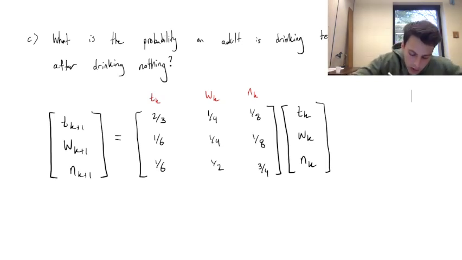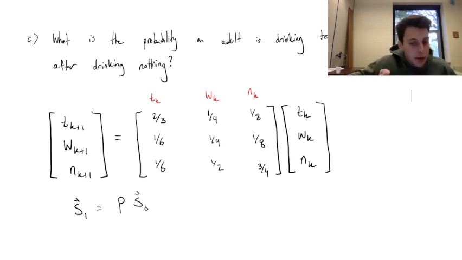But luckily, to start off, we need to know what S0 is, right? So for example, if this is state 1, when k is equal to 0, we have the probability matrix times S0. So this is our starting point. We need to know the starting point, and we can find S0 from the question.